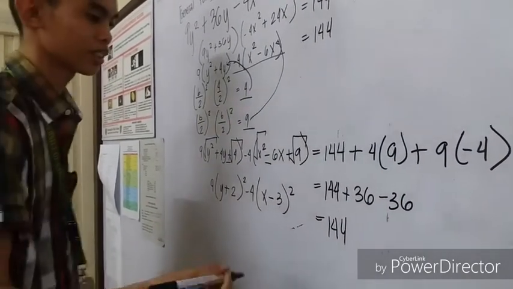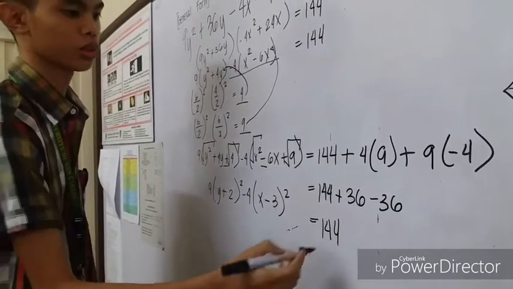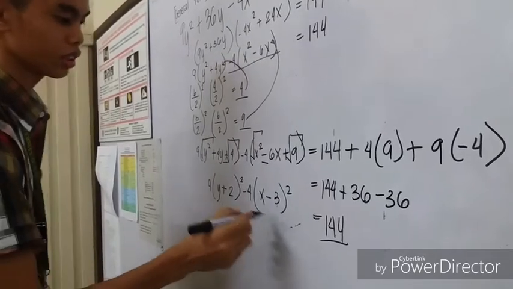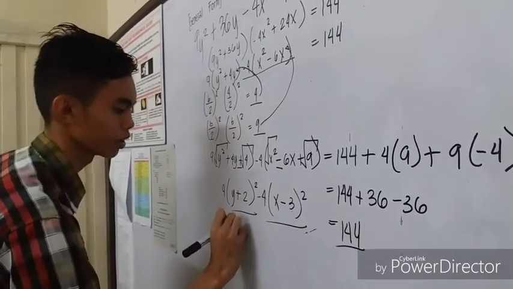Then in the next step, we must equate the value on the right side to 1. So we will divide each function by 144.